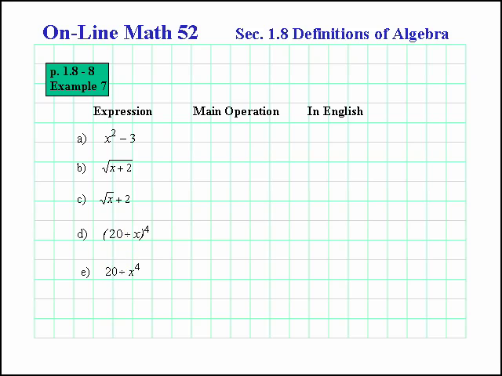Now, the example 7, I'm going to look in the book. This is found on page 8 in our text. We have discussed the main operation in section 1.6, so you might need to refer back to that. But let me write it here as a reminder. The main operation is the last one to be applied.